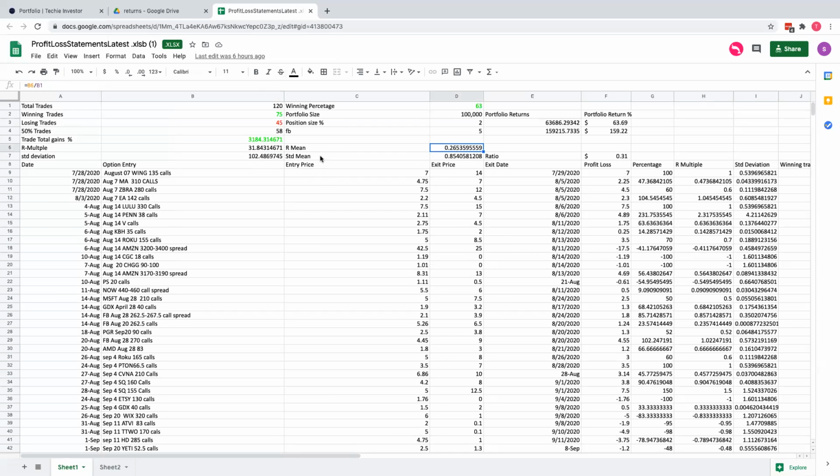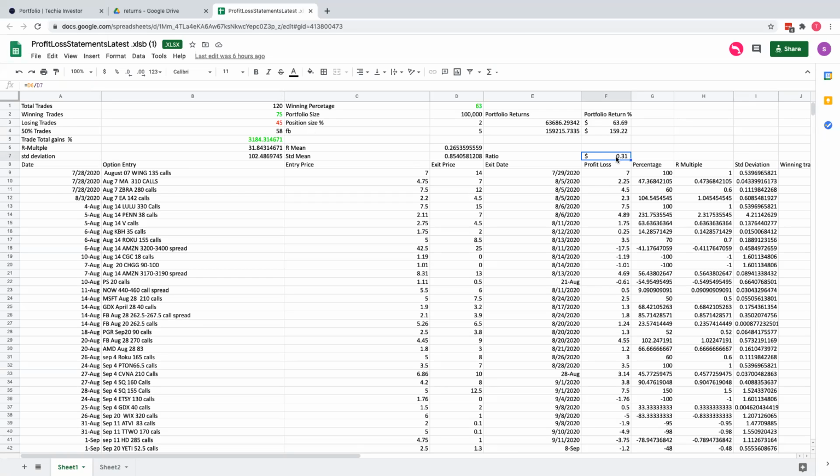Then the standard deviation is a formula where you take the R multiple for each trade minus the R multiple mean, which we have as 0.26, and then square it. When you do that for every trade and add them all up, our portfolio's ratio is around 0.31 right now.